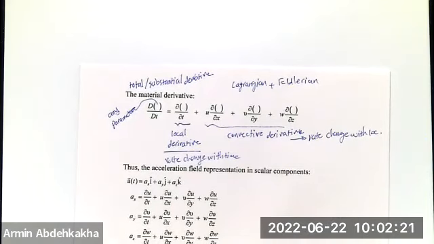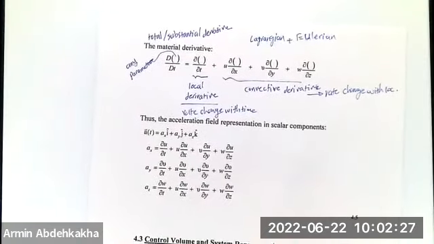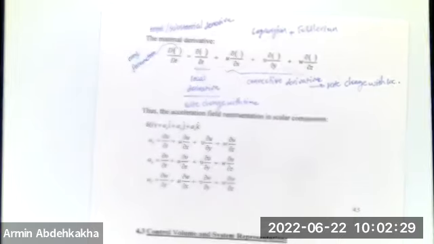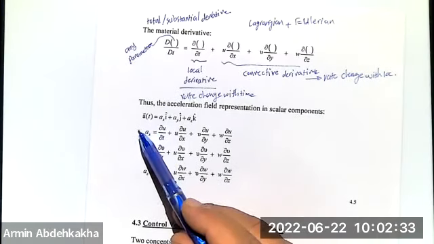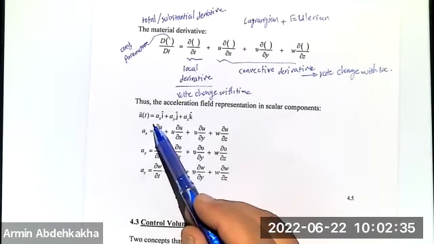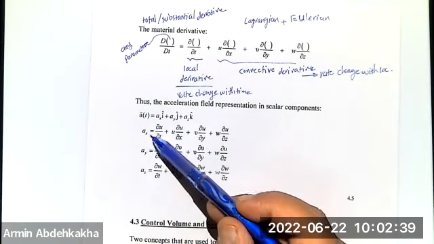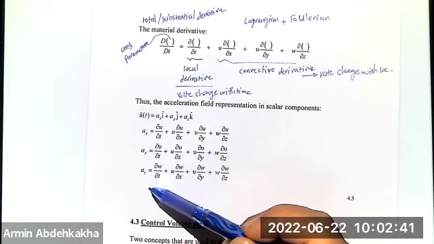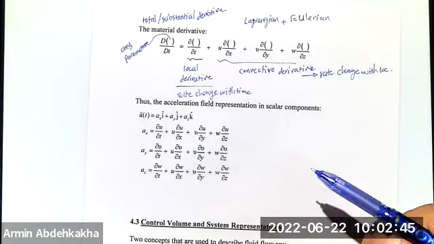That's why another name for that is total derivative, right? So the Lagrangian approach and Eulerian approach together give you the acceleration. But mathematically, for the acceleration as a function of time, you have three components, ax, ay, az, and for each direction, you need to write the equation term here.